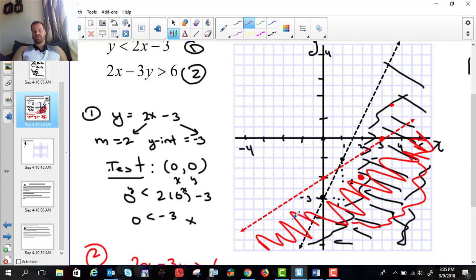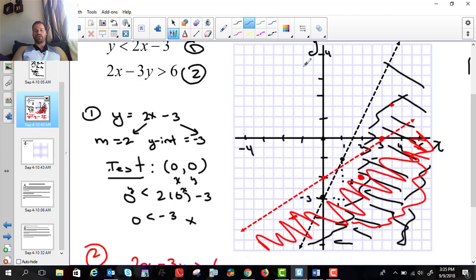And down here, let's say I pick minus 1.5 and minus 3.5, or minus 4, I guess it is. That's a solution to this one. It works in here, but not there. All right. So this region in here that's shaded in both colors, that's the solution region. That is where x and y are allowed to be in order for both of these to be true.